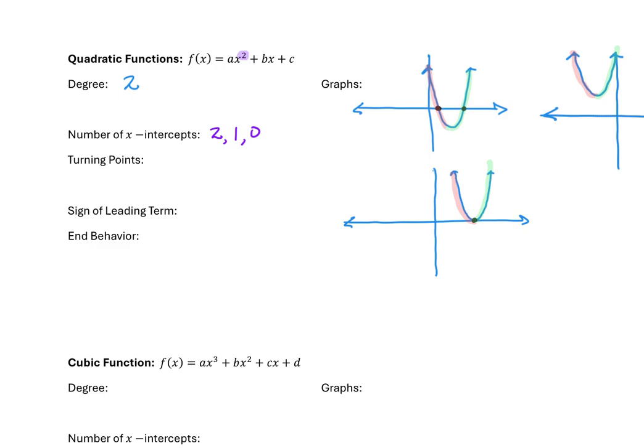Technically, I just drew examples that open up, but note that you can also have quadratic equations that open down that still have two x-intercepts, one x-intercept, or no x-intercepts.